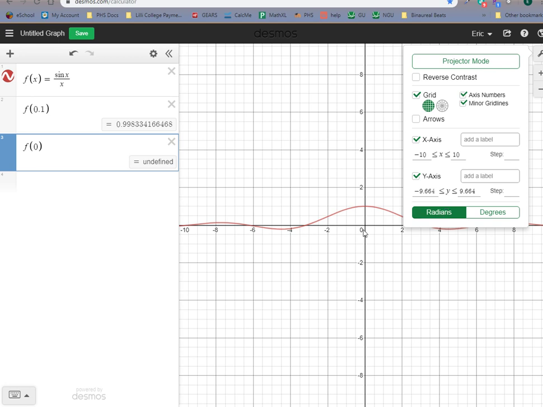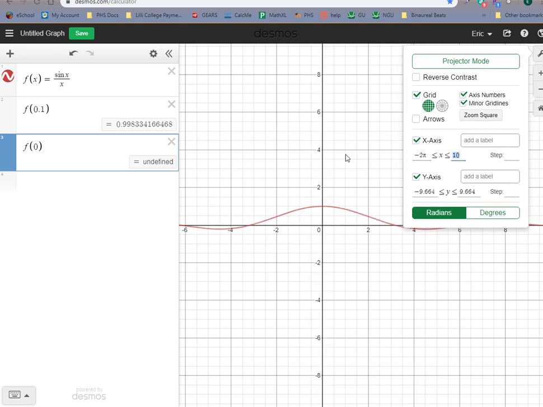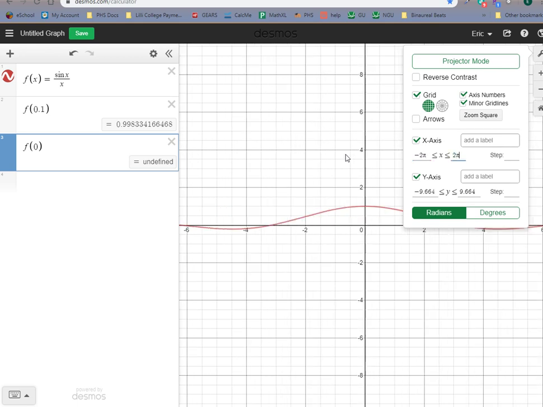If I'm graphing a trig function, I want to be in radians. I can set up the x-axis. This is really cool. You can go up here and manually set up the size of the viewing window. If I go from negative 2 pi to positive 2 pi, now watch what happens if I choose my steps to be in increments of pi.